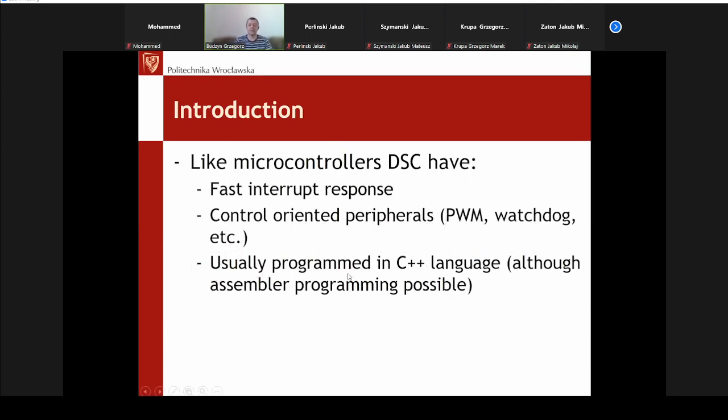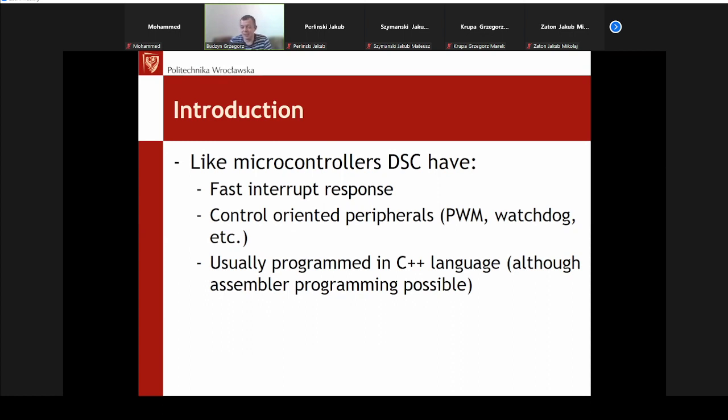Like microcontrollers, signal controllers have fast interrupt response, control-oriented peripherals, and are programmable in C or C++. Assembly is not required. Assembly language programming, you did have a chance to play with assembly. Yeah, that was mean of me to force you to do this.